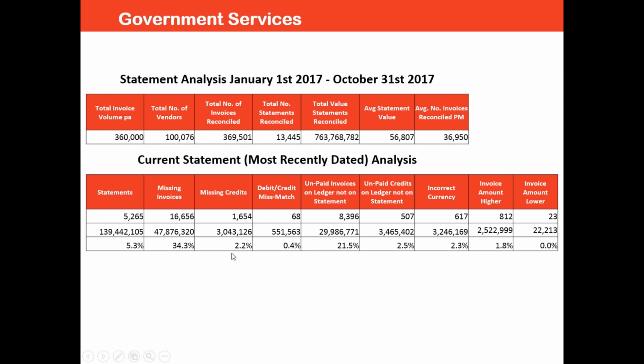I think there is a link between the missing invoices and the unpaid invoices that are on the ledger, not on the statement. They've got a high number there, 29 million of those. And actually, the way the system works is when it tries to match the invoices on the statement to those on your system, it expects all the fields to be the same.